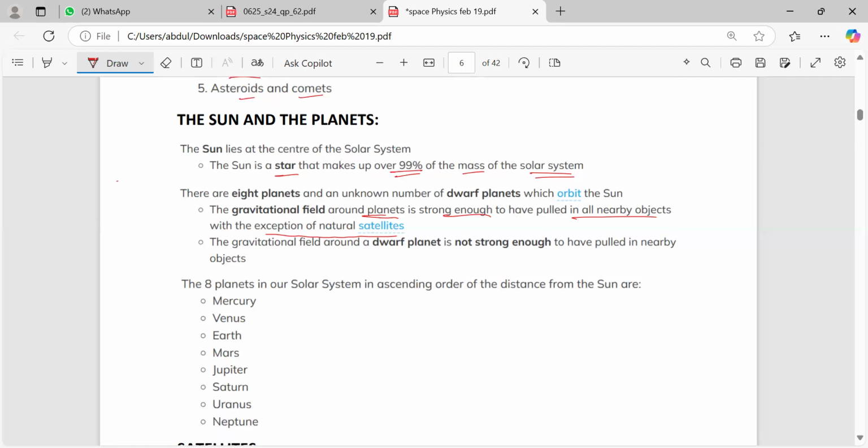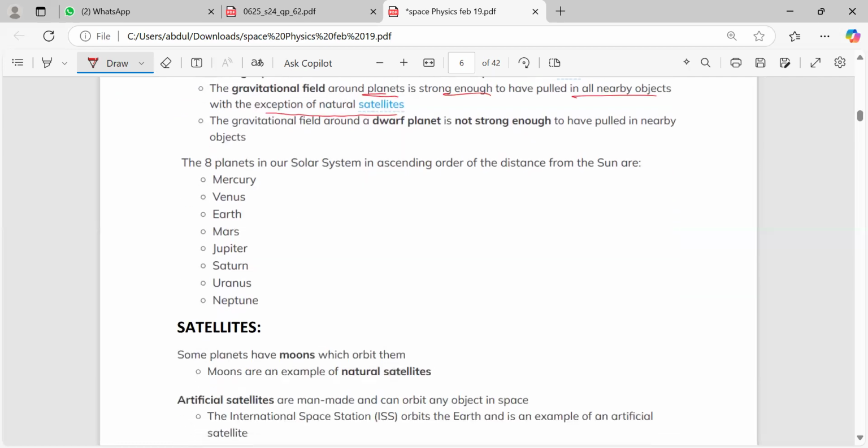The 8 planets in our solar system in ascending order of their distances from the sun are Mercury, Venus, Earth, Mars, Jupiter, Saturn, Uranus, and Neptune. These are all 8 planets in order, and let me tell you, the first 4 planets are rocky, meaning solid, with high density.